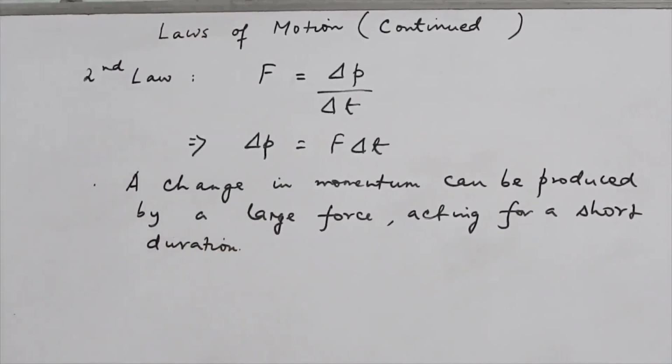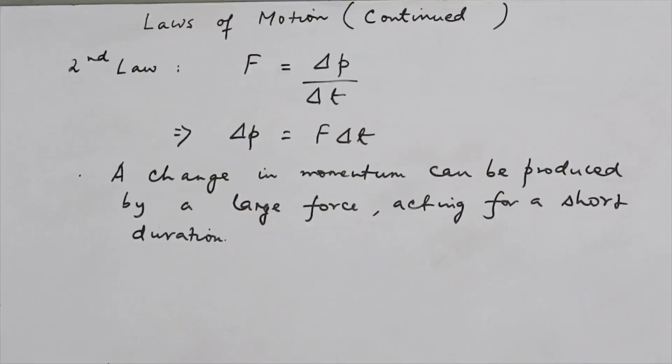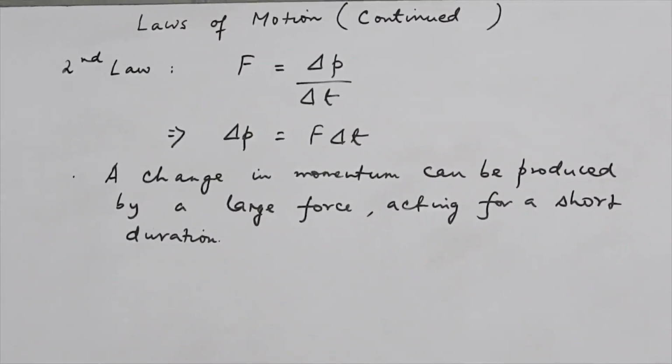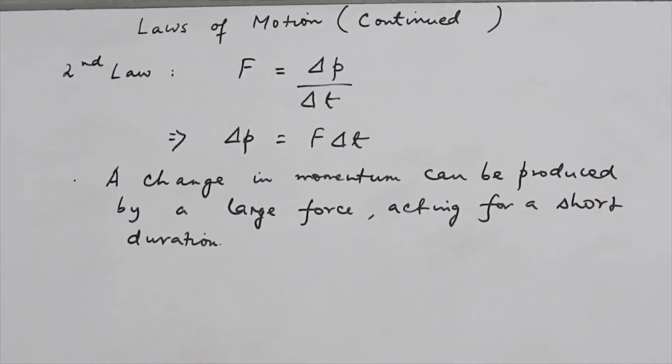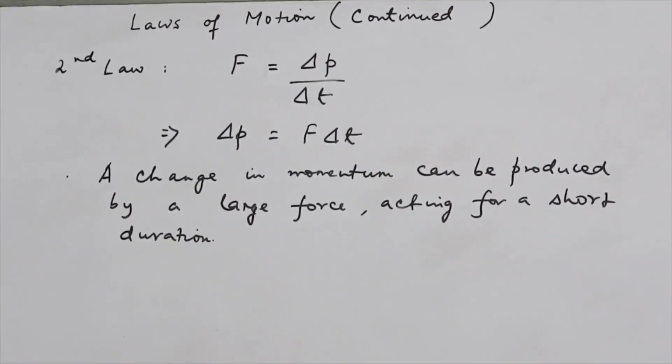So this might be a realization of this mathematical expression. For example, a required momentum is imparted to a body by applying a force of large magnitude for a short duration. We have several examples of this.